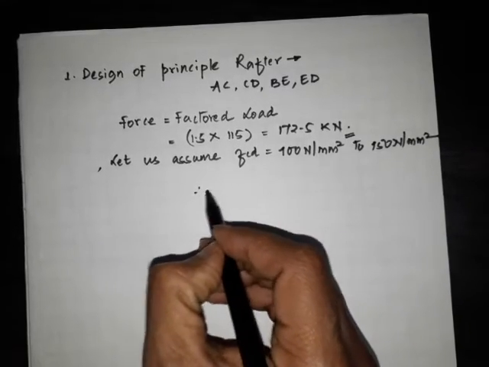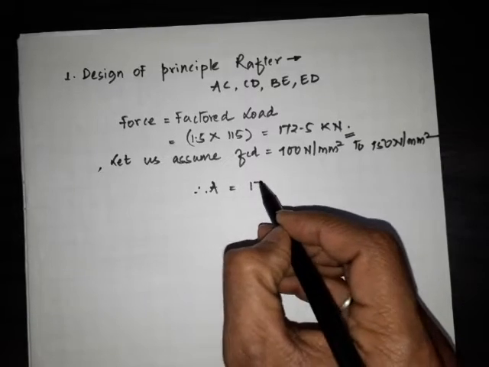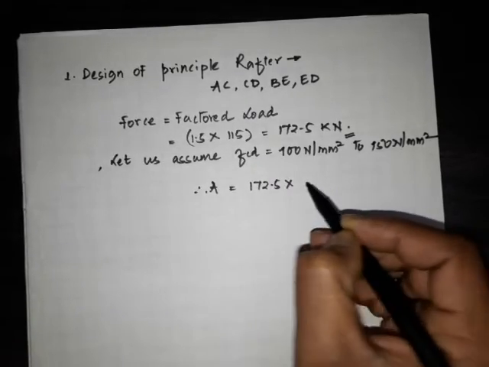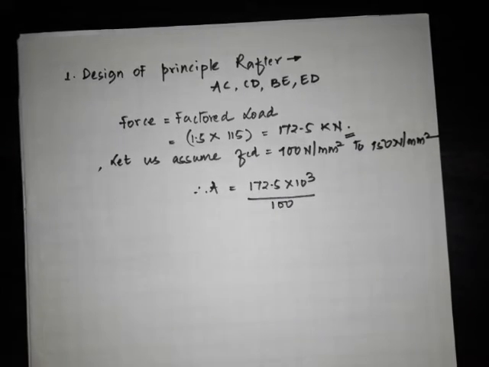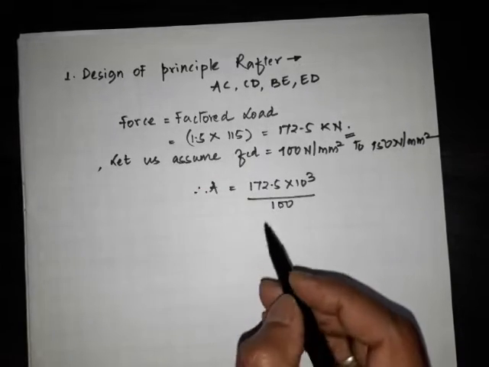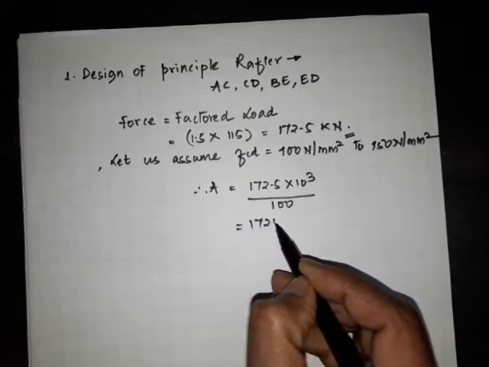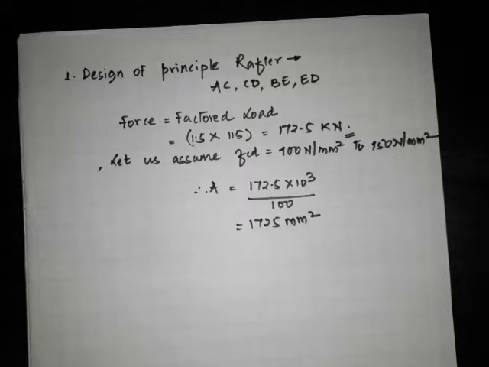So therefore area is 172.5 into 10 raised to 3 divided by 100, force by stress. So we get area. So we got here 1725 mm square. Okay.